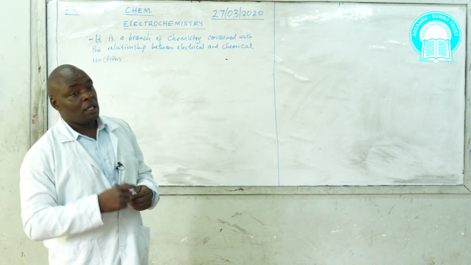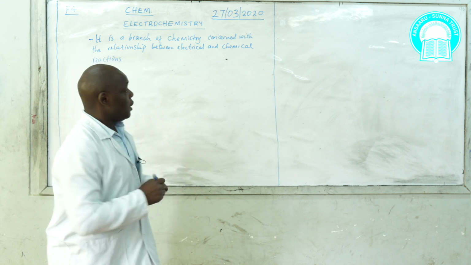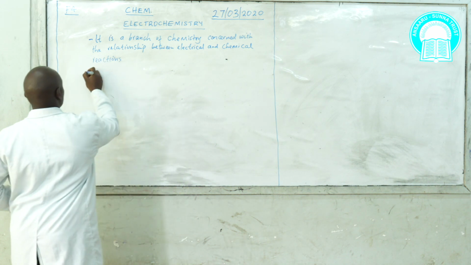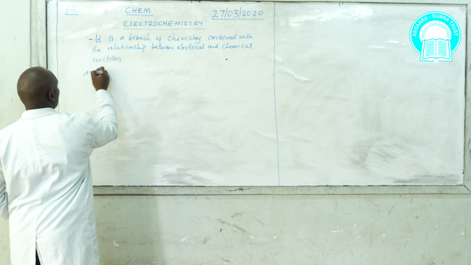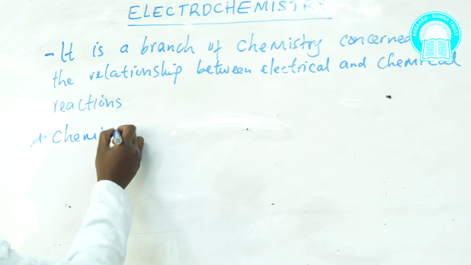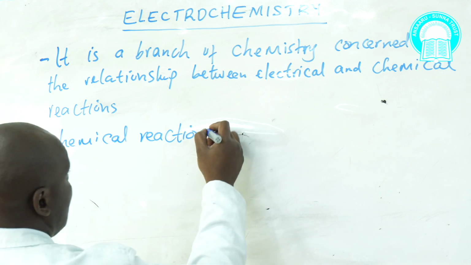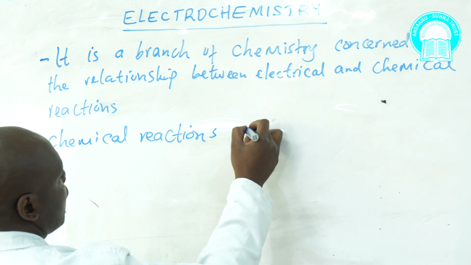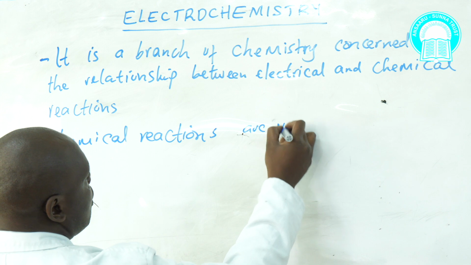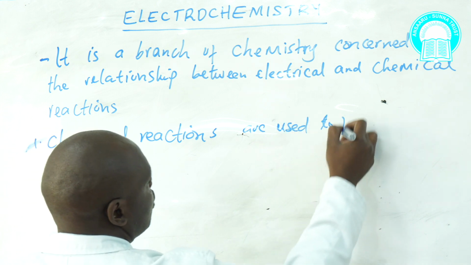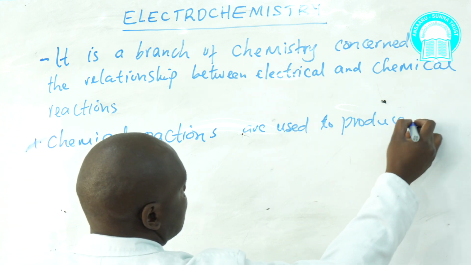So, we have said that there are two parts. One is where chemical reactions are used to produce electrical energy.